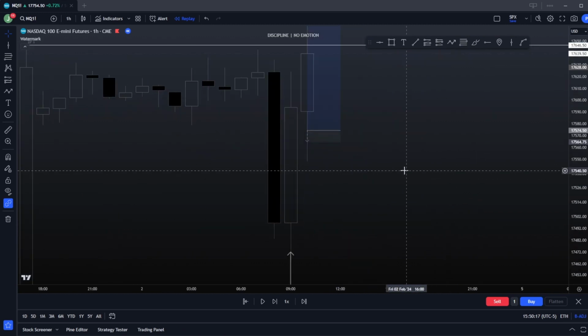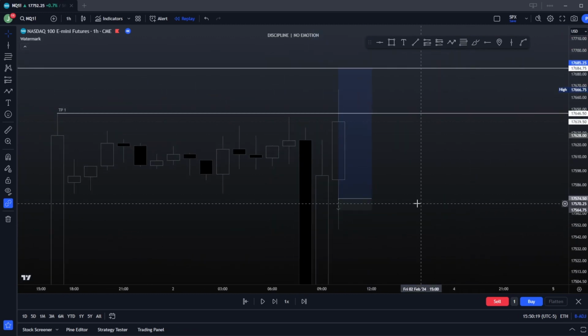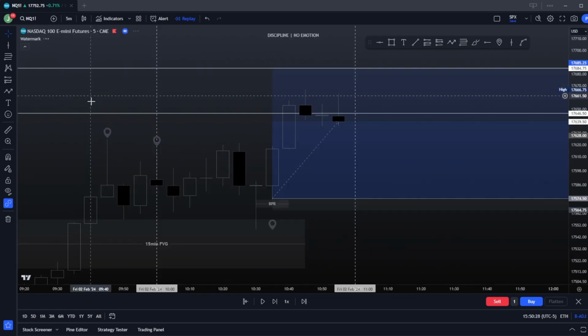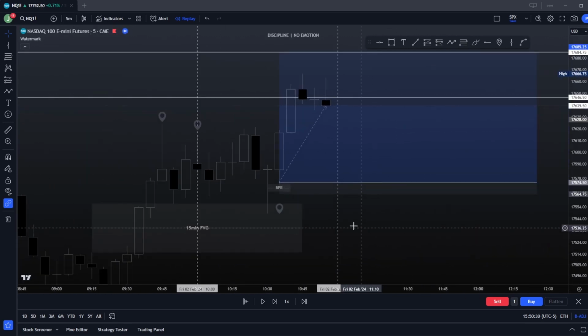We're looking bullish. So, even though we're near the end of this time zone, it's okay.